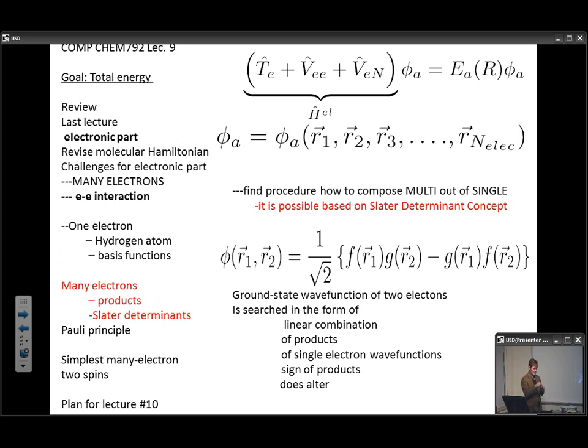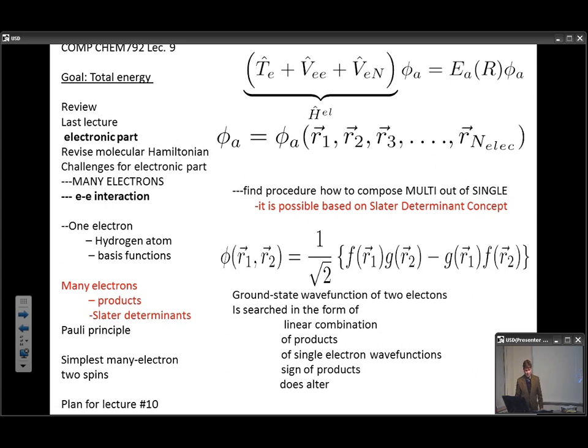They do not like to sit in the same state at the same time. And there is a mathematical way to represent it. This Pauli exclusion principle, that electrons do not like to stay in the same state, can be reflected in a mathematical way, and this mathematical way is summarized in a procedure which helps us build a multi-electron function out of single-electron building blocks.